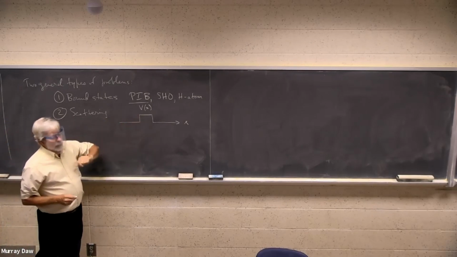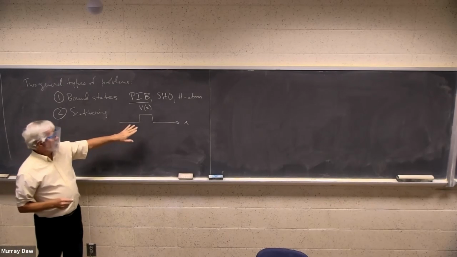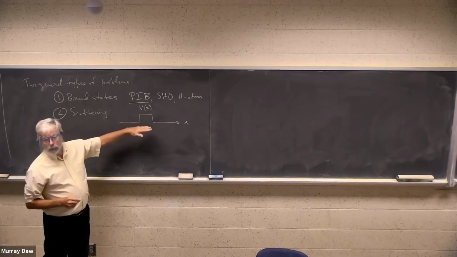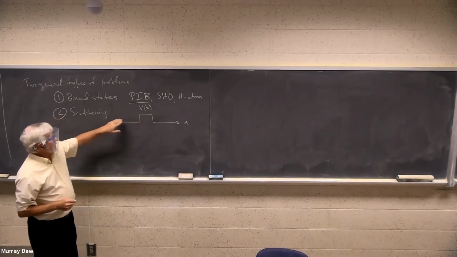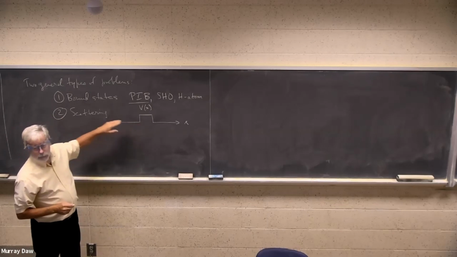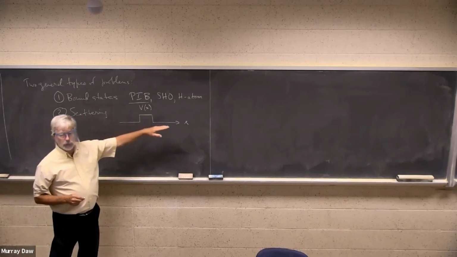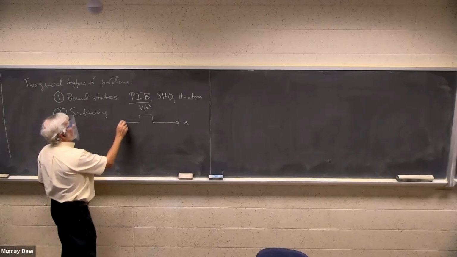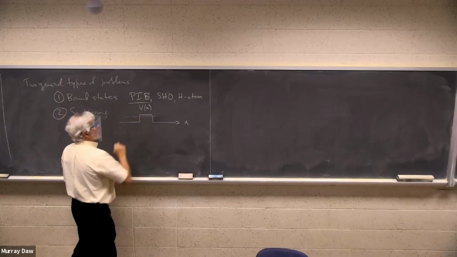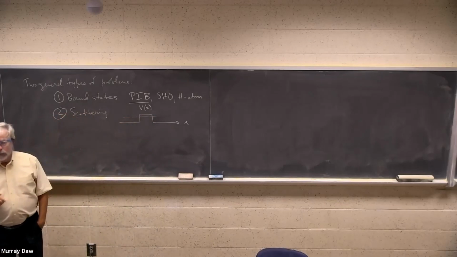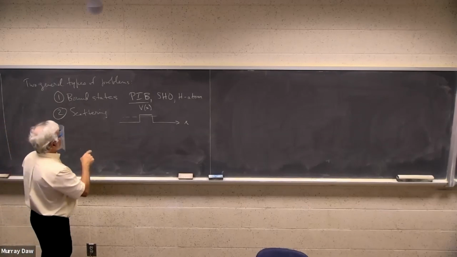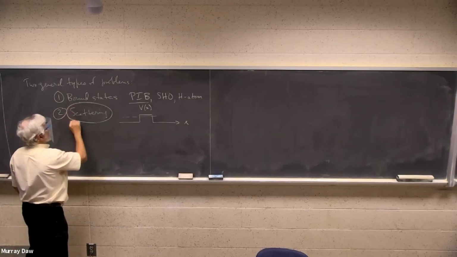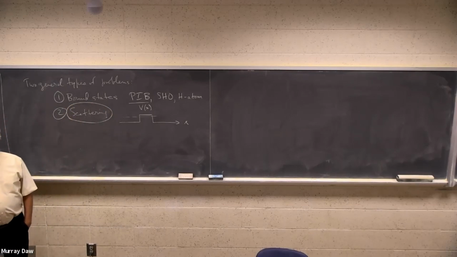It's going to interact with this barrier. Some fraction of the ensemble will reflect, and some will make it through the barrier, even if the energy is below the height of the barrier. This can be quantum tunneling. This is what we're going to look at next, problems like this.